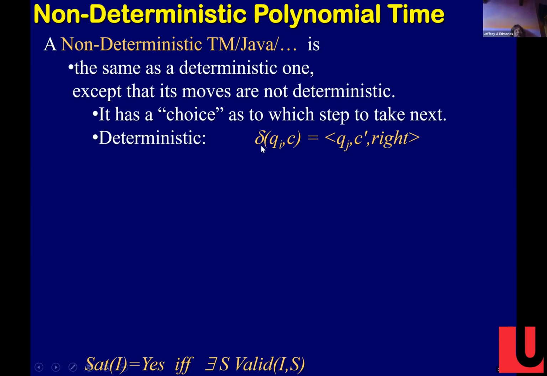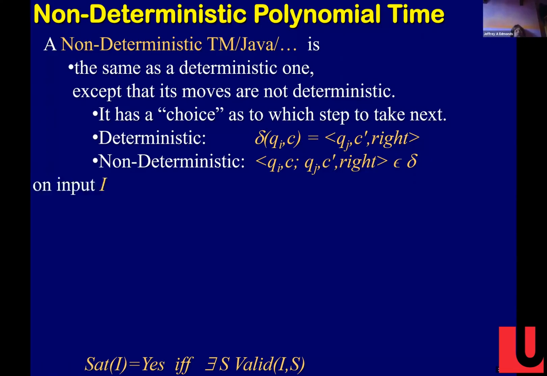A deterministic one says, I have a tape and I have a head for a Turing machine. And given I'm in a particular state and I'm looking at a particular character, it tells me what state I will be in next and what character to write and whether to move the head right or left, right? But here, a non-deterministic one, there's a set of possible things it might do. There are a number of paths that the algorithm might follow.